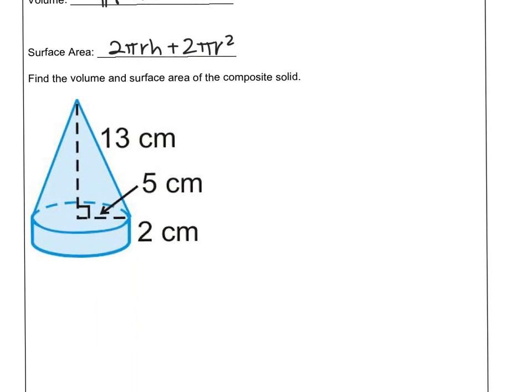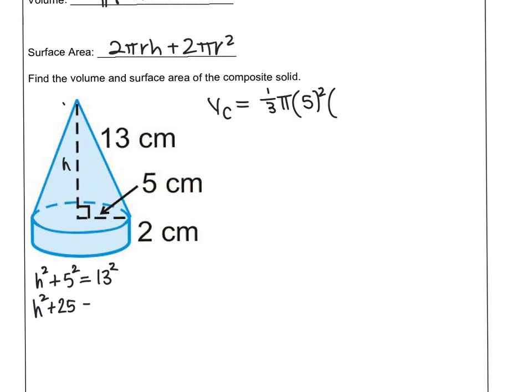So the volume of the cone is going to be 1/3 pi, then the radius of our circle, 5 squared, and then the height of the cone, we are not actually given. We're actually given the slant height is 13. So first I want to solve for the height of the cone. We're going to do h squared plus 5 squared equals 13 squared. So we get h squared plus 25 equals 169.